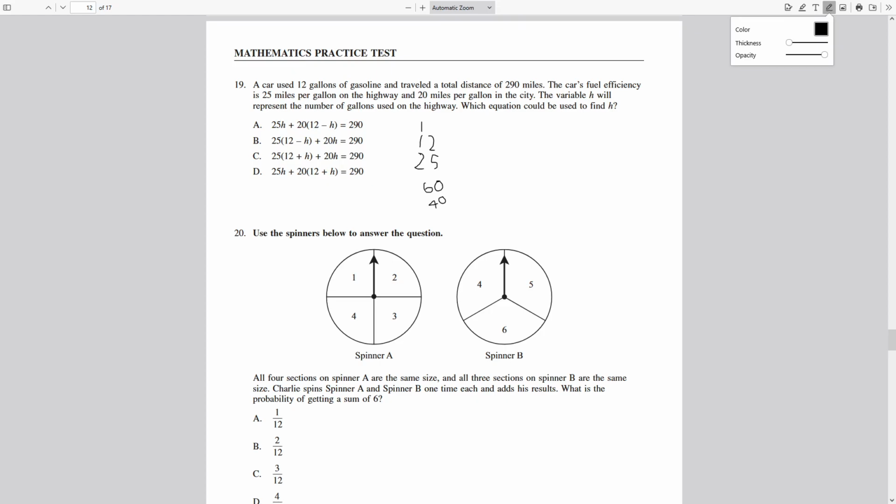And 1 times 2 is 1. Wait, no, but 12 times 2... Should it be 120? I think I did something wrong here.